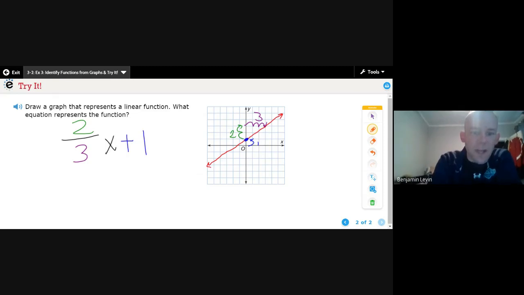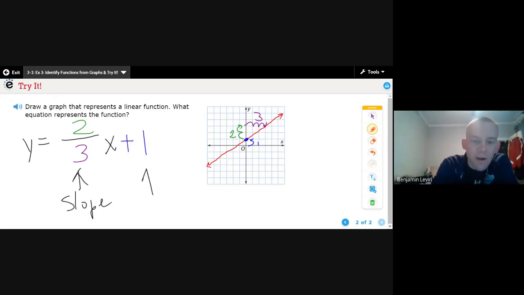And then obviously we're going to have an x here because the slope is attached to the x. So we have y equals mx plus b, where our slope is there and our intercept is there, right?